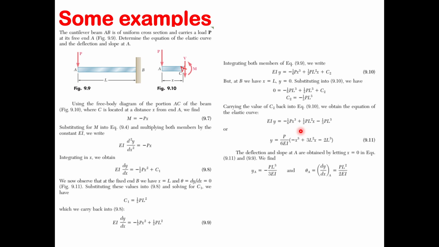Your maximum deflection occurs where your theta is 0, right? The derivative of y with respect to x is 0. That's a general type of analysis, right? But in this specific cantilever beam, the maximum deflection happens here, of course. So you can just plug x equals 0 and find the maximum deflection.